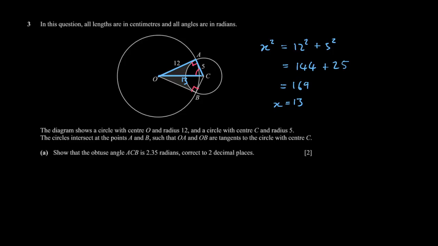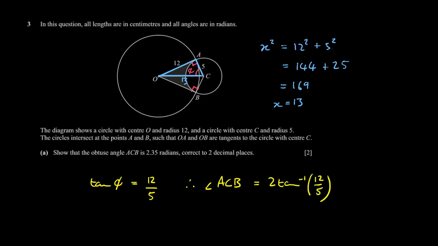So let's call that angle phi. Then we can say that tan phi is equal to opposite, which is 12, over adjacent, which is 5. And so therefore the angle ACB is going to be equal to 2 lots of the tan inverse of 12 over 5.